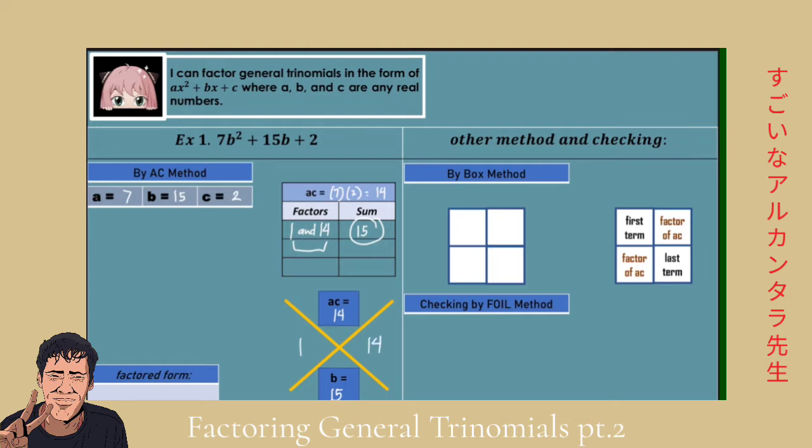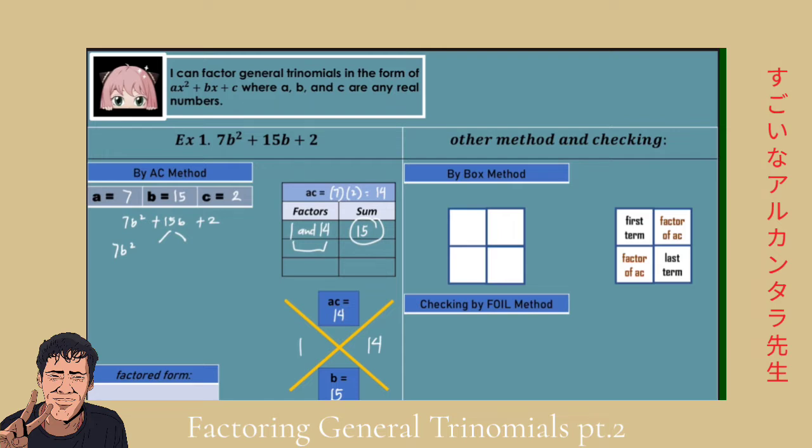Basically, when you have the X logo, it's divided into four different regions. The one in the middle is the two factors that you're going to use. To put this into perspective, you have 7b squared plus 15b plus 2. Unlike last time, you can already factor it out using the pair of factors. Now, we're going to somewhat undo FOIL, wherein we separate 15b into two addends using the factors of AC.